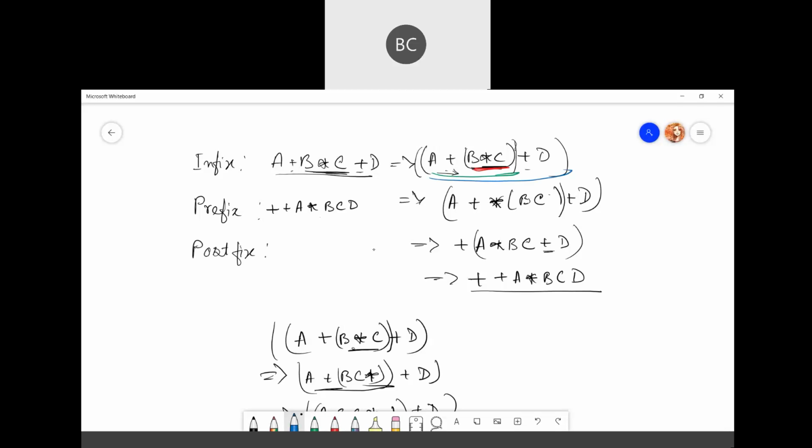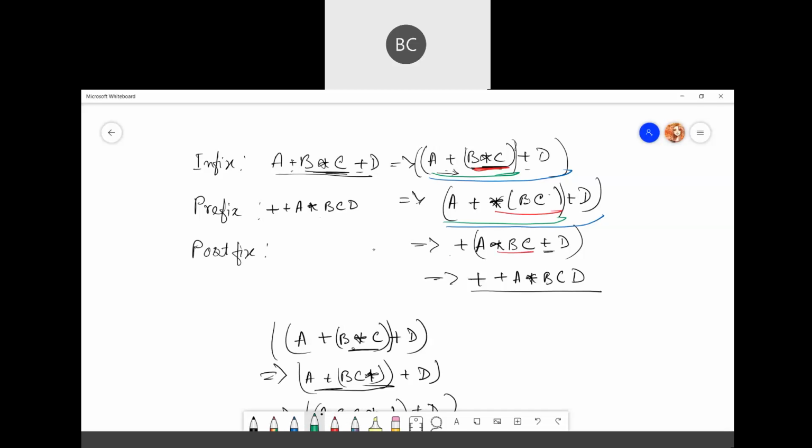For prefix, what do you do? You put all operators before the operands. So here you are evaluating this expression first, so the multiplication sign you put before BC. Then this expression is still there and this expression is still there. So two plus signs are there. It is left associativity, so you will start from the left side. That means you will evaluate this one first, so this plus comes here.